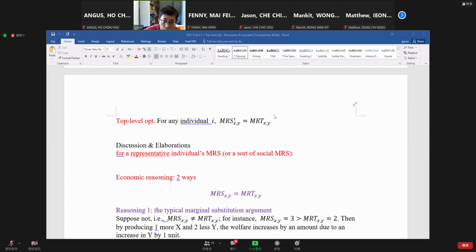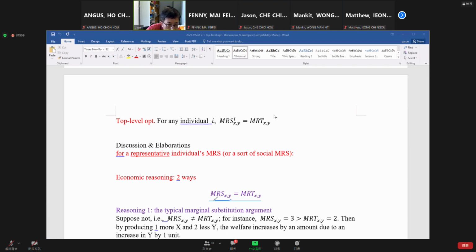So let me explain how to do it. We introduce two economic arguments, two economic reasonings, two economic analyses to understand why we can easily get this one. The first reasoning is the typical marginal substitution argument.